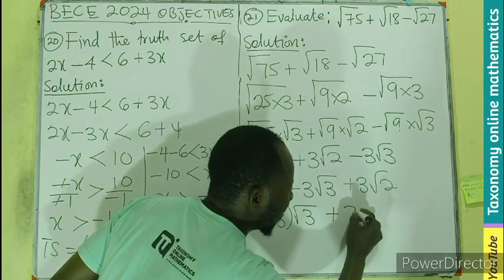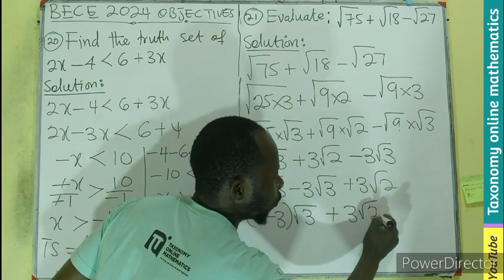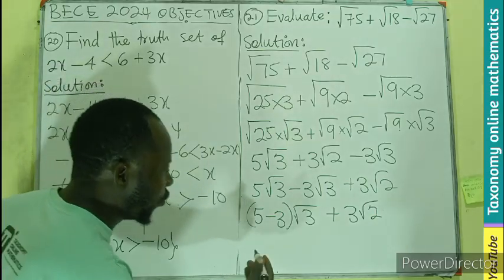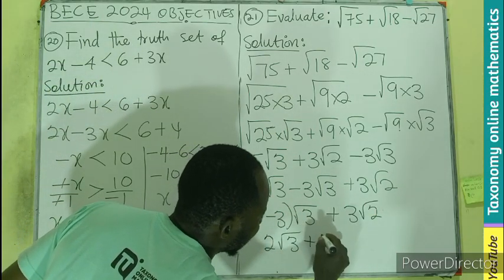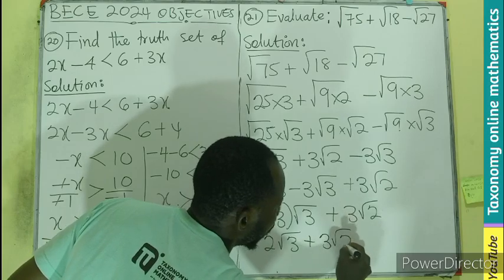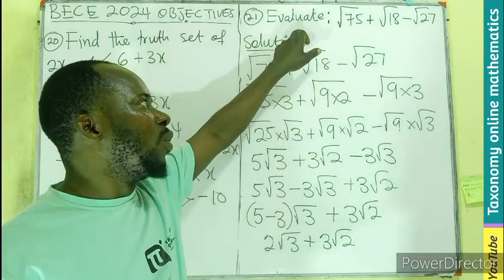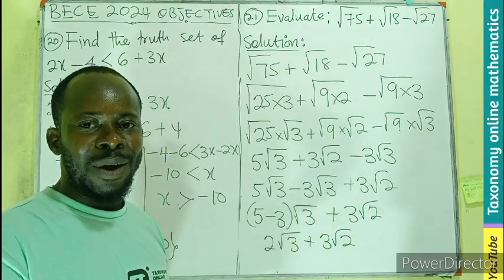Then your plus 3 root 2. So if you subtract 3 from 5, you should be having 2. Then root 3 will come plus 3 root 2. So this becomes the final answer if you are to evaluate this to the minimum point. I am sure this is clear also.